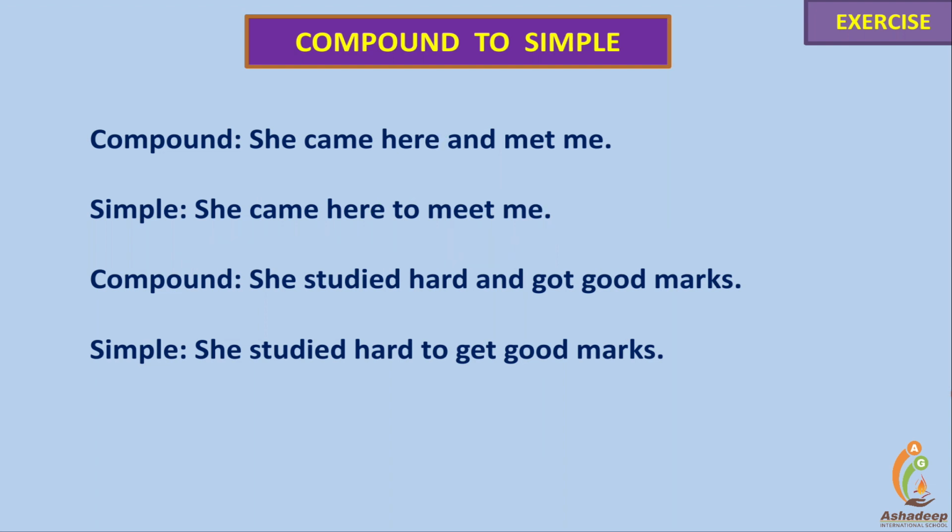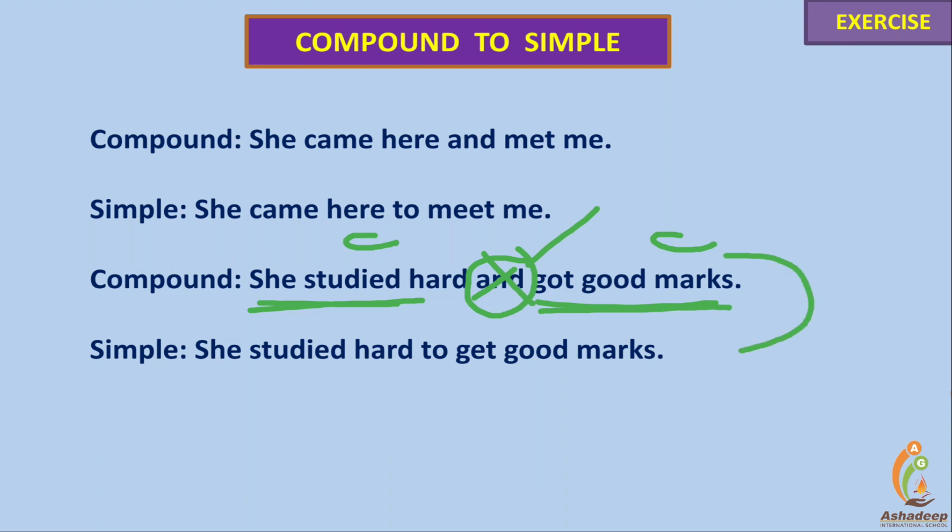She studied hard and got good marks. Two parts: she studied hard, she got good marks. Two clauses, both independent, connected with and. To make it simple, and will be removed and one of the clauses will be converted into a phrase. One clause remains the same.